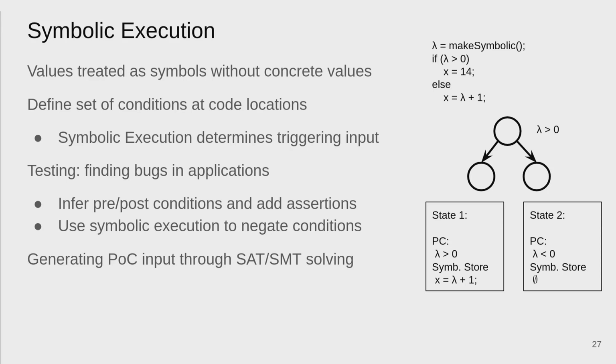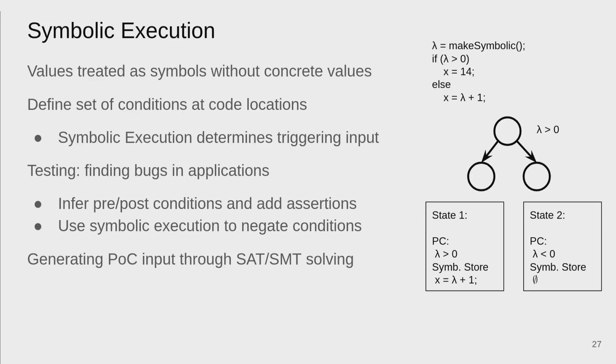Think of symbolic execution as the math version of programs. Instead of having concrete values for your variables, like when you're programming, each variable has a concrete value at any point in time. This value may change during the execution of the program, but each program variable has a concrete value.